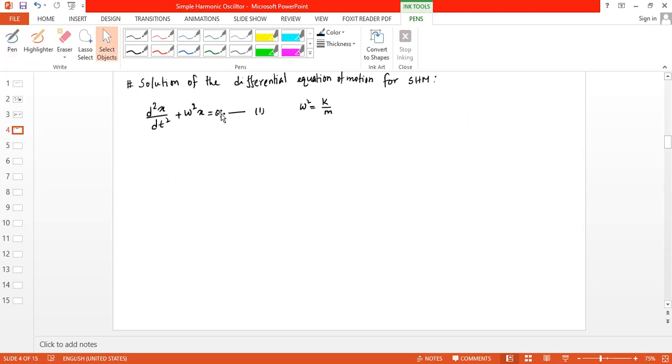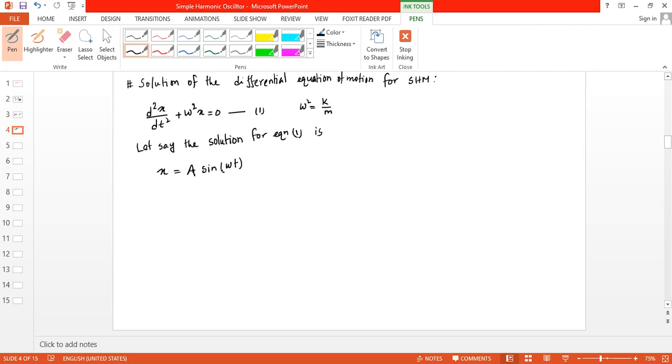So what do we do to solve this? At first we will consider a solution, and see whether it satisfies this equation. If it does, we will say this is the solution. Let's say the solution for equation 1 is x equal to a sin omega t.